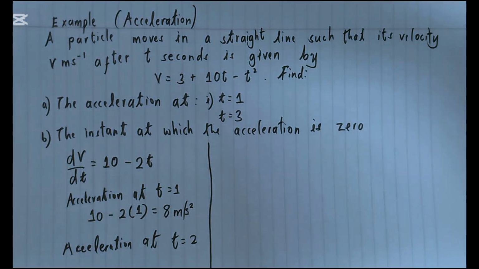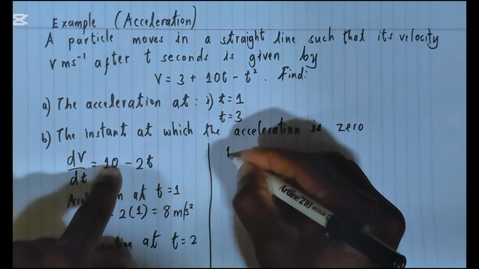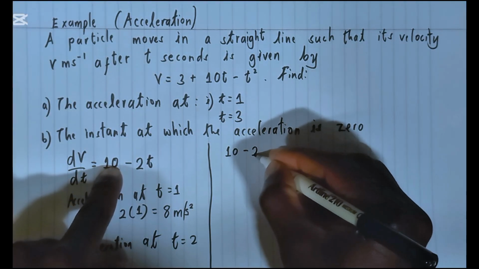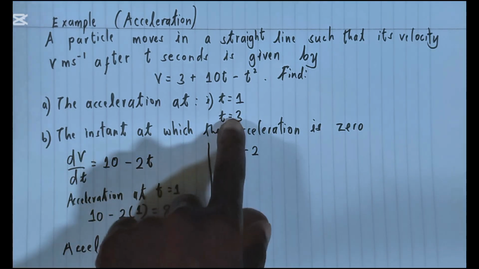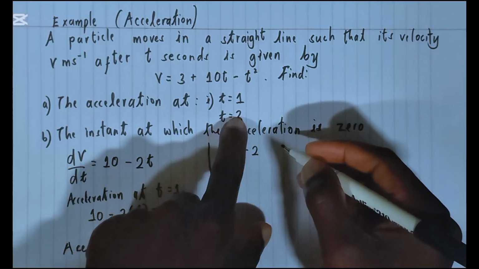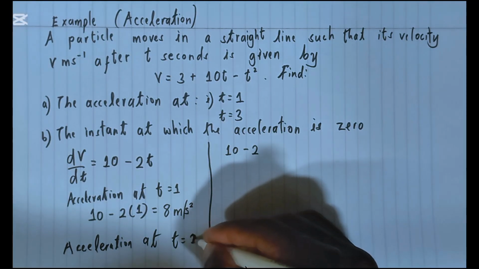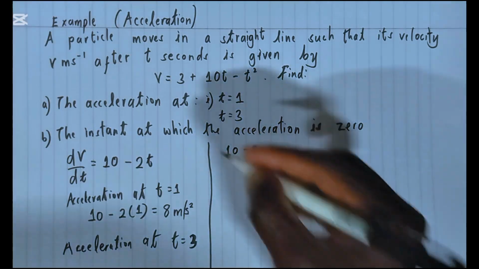we'll use the same function, that is 10 minus 2. Now in place of t we'll have 3, acceleration at t equals 3. Sorry, we are solving the second part of this question.